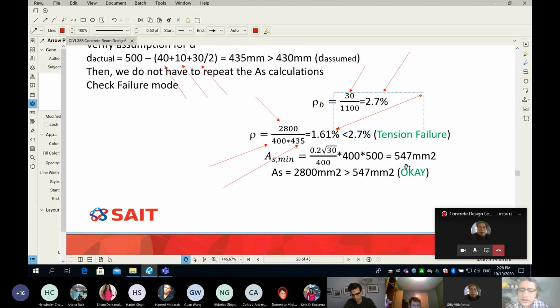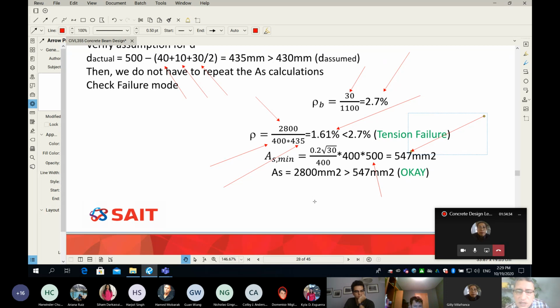That's one check. The other check is what should be the minimum area of steel. Very simple. The only tricky part is the H in the equation. The equation is a function of H, not D. You can see I used 500. Anyway, you can see here 547 millimeter square of rebar, and that's the minimum. Are we okay?